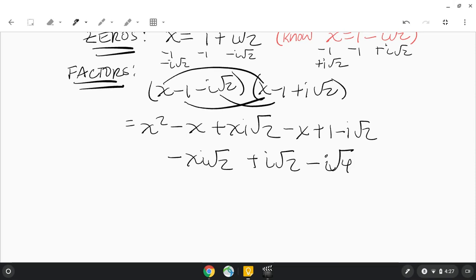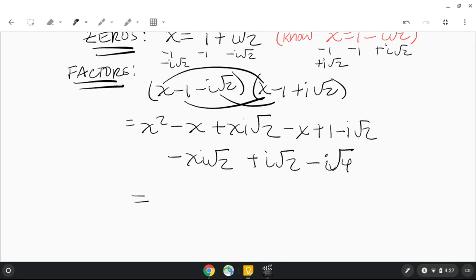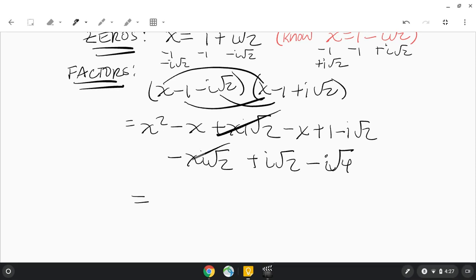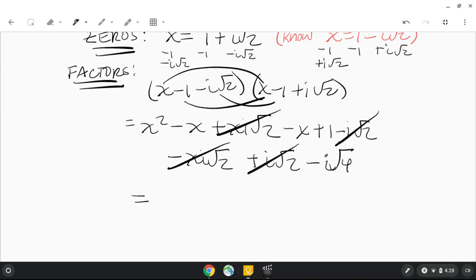Let's see if anything cancels out here. They do. This one over here cancels out with this one over here. This one over here cancels out with this one over here. And we know square root 4 is 2. So this here is really negative 2i.